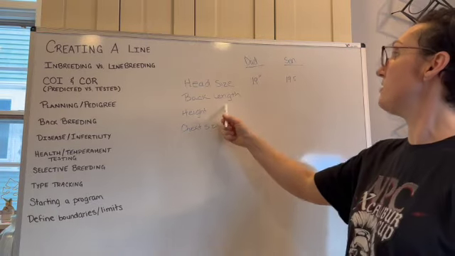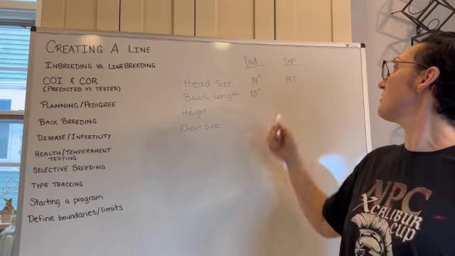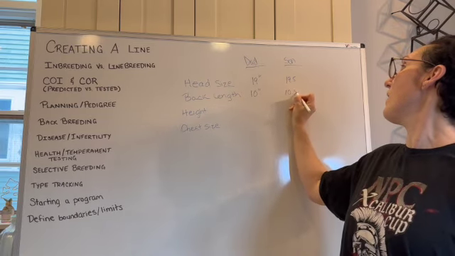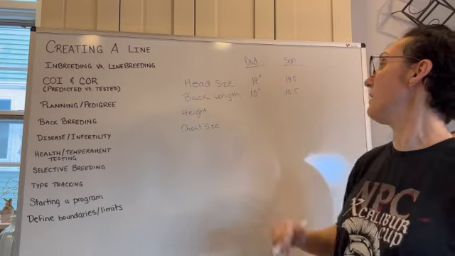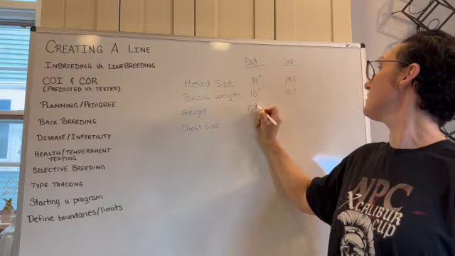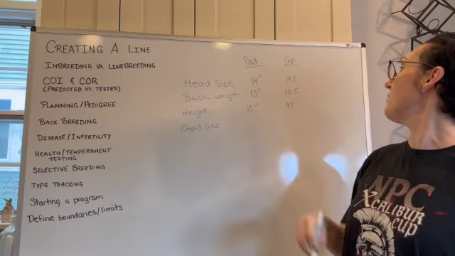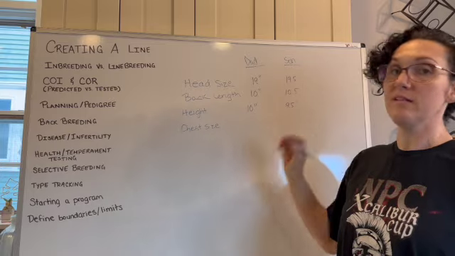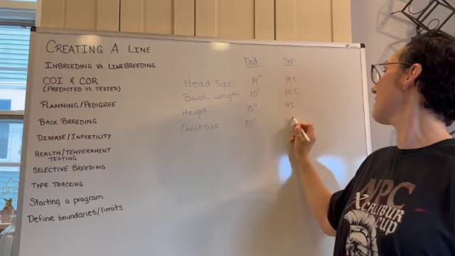Maybe you want to decrease back length. Dad had a 10-inch back. You measure the son, he's 10.5. You went backwards. Height, maybe dad's 10 inches at the shoulder and son's 9.5. So maybe you went forward there. Chest size, maybe they're the same. Maybe they're 20 inches diameter around the chest.